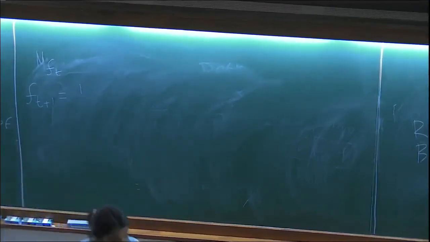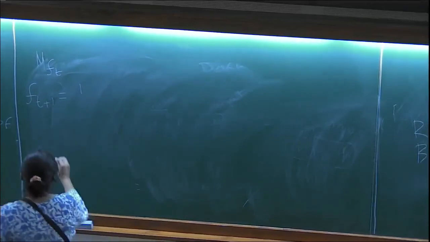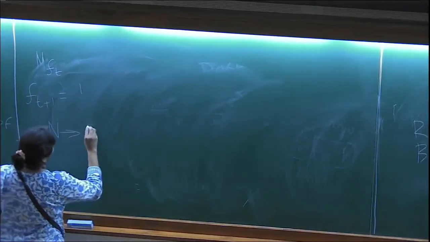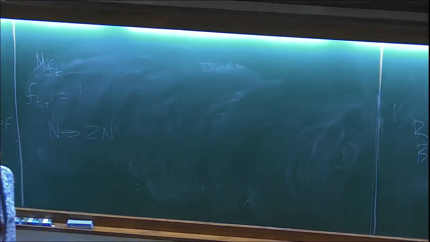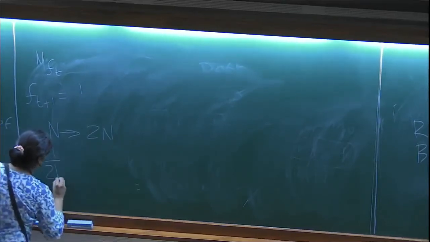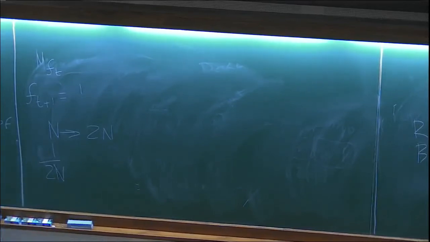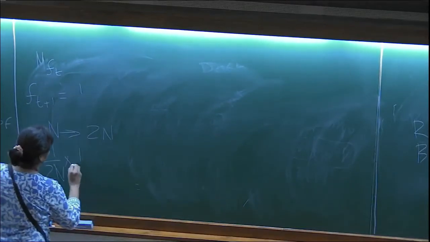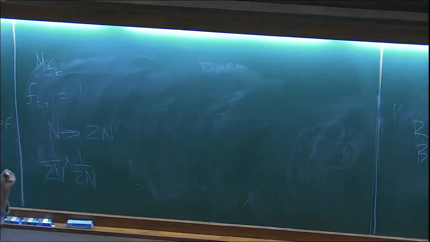Suppose your population size is n. You have 2n gametes. The chance of pulling a specific gamete is 1 by 2n. The chance of pulling that same gamete again is 1 by 2n, exactly the same gamete again. But there are 2n gametes.